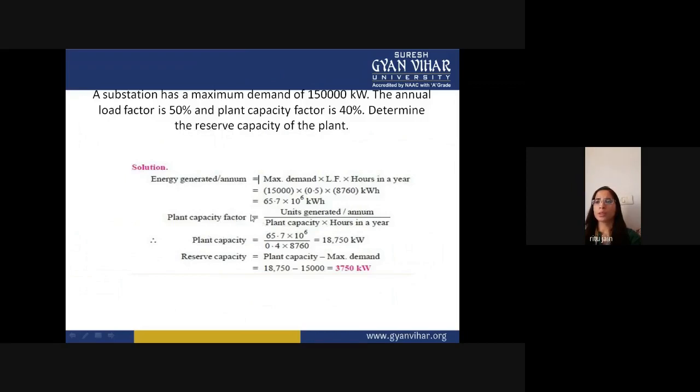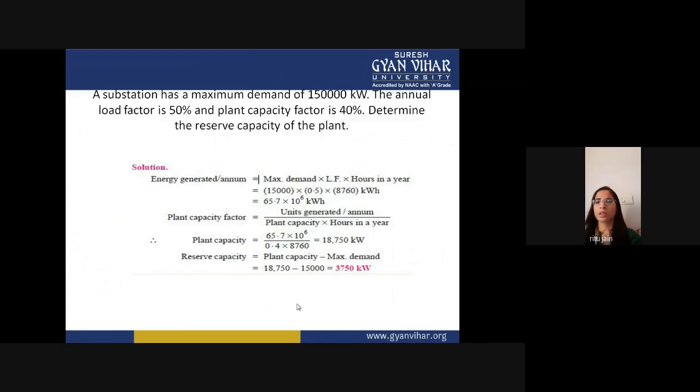So plant capacity is equal to units generated per annum upon plant capacity factor into hours in a year. So plant capacity will be 65 into 10 to the power 6 divided by 0.4 into 8760, which is equal to 18,750 kilowatt. Okay, so this is your plant capacity.